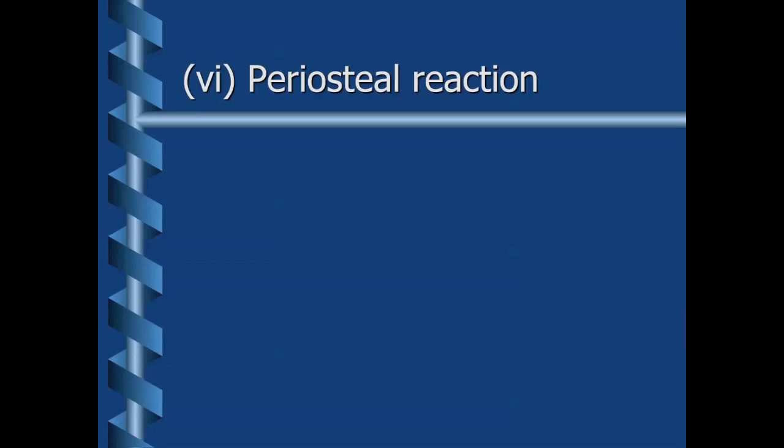Just expanding on that last issue of infection in bone, if you start to see periosteal reaction with an infection, it usually means that the bone has been infected and the periosteum is starting to react to that infection. Bone infections are generally very hard to eradicate, so it's obviously not a good sign to see that if the infection has advanced into the bone.